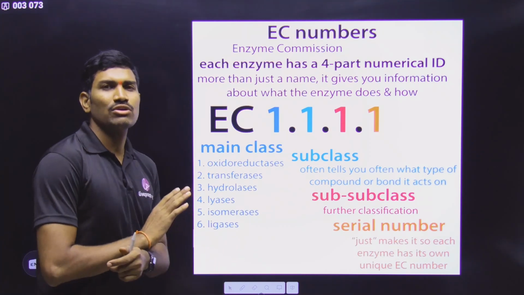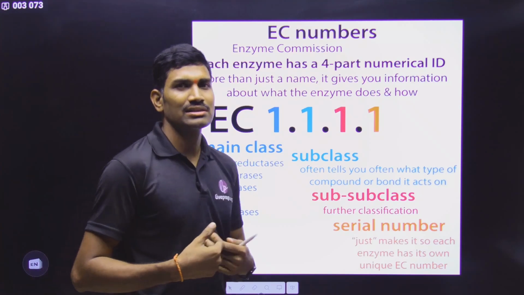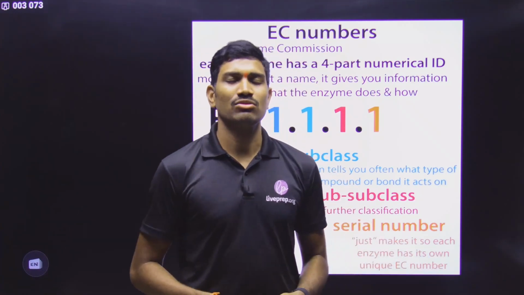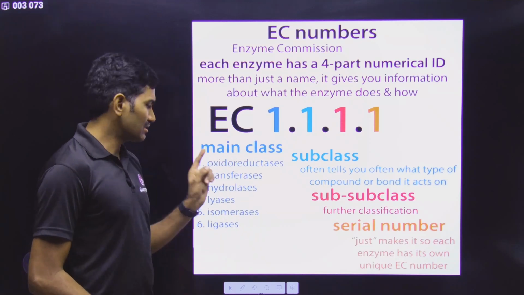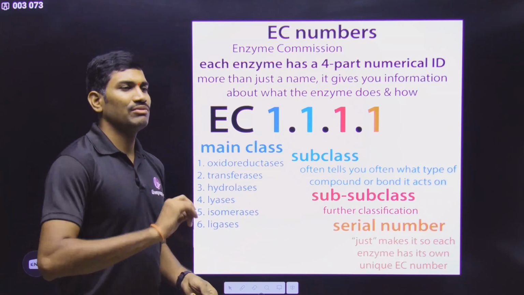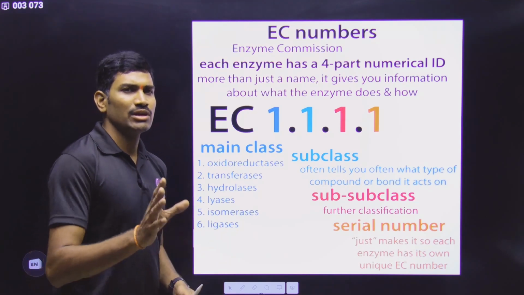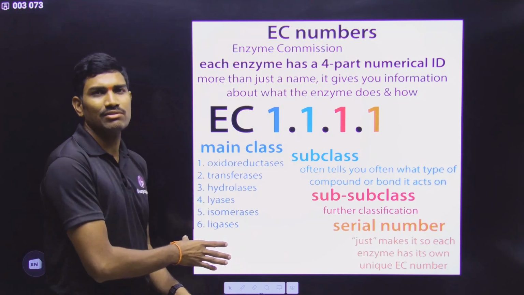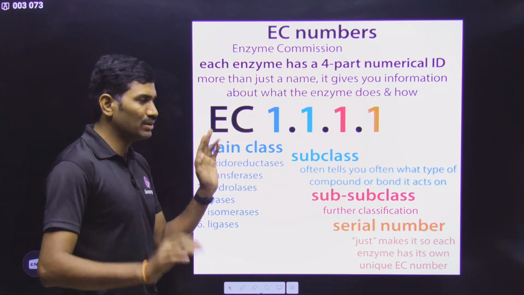We are not studying any further examples, because unnecessarily asking questions on this would confuse you. So don't worry about this. Simply the NCERT sentences and the names of these classes are enough. They may give one example and ask which class it belongs to, but if you understand the concept of these words, you can easily answer. We are focusing only on the first digit, so please remember this.